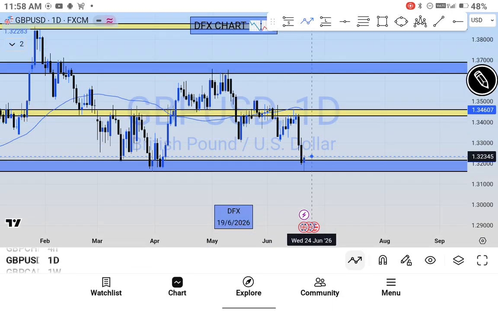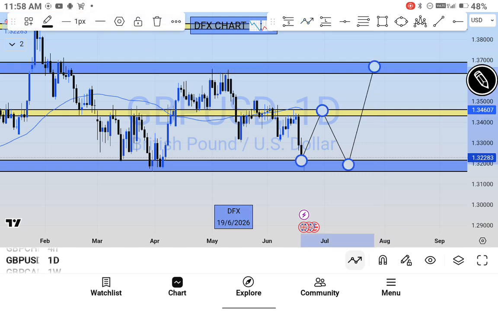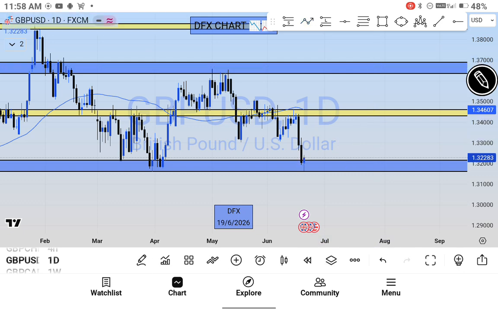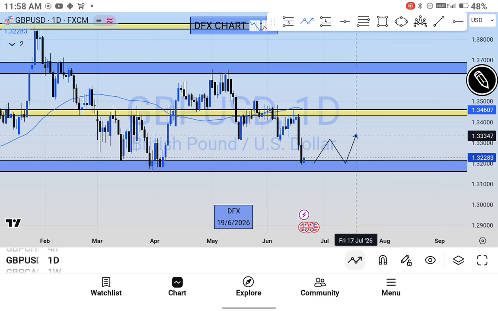So that's actually the double bias we have. Either we have a pullback to this point, then we start looking for sells to this point before we look for the overall buy to the weekly resistance, or we have a bit of a pullback to this point, retest, then we buy to the upside.